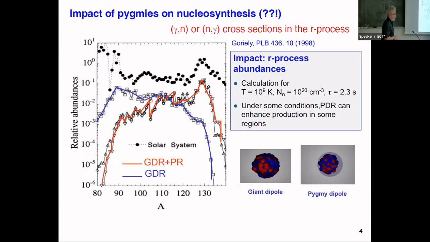And then why is it relevant? Some people, and I talked to Gorielli about this, and he said, please forget this paper. But I keep using it just as a motivation, because you can see in the stars, if you have the absorption of energy during the explosion into excitation of the giant resonances, you have an effect on the abundance.